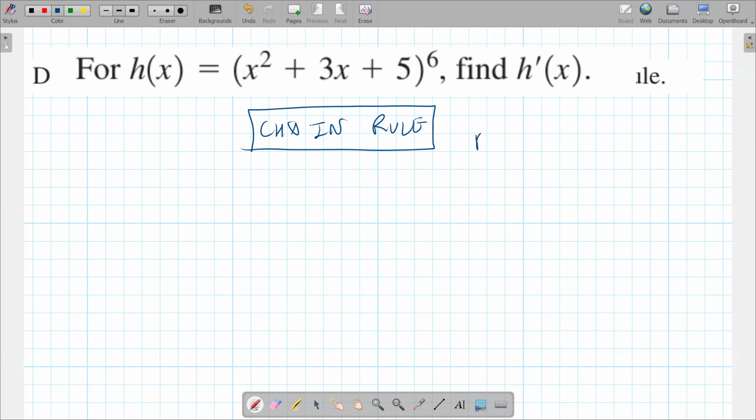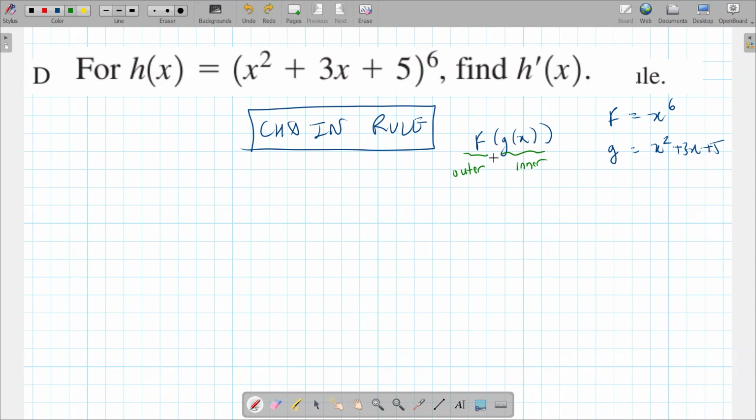If you have f of g of x, so here our big function is x power 6, and our small function g is x squared plus 3x plus 5. G is the inner function, and f is the outer function. So here the outer function is power 6, whereas the inner function is this quadratic.